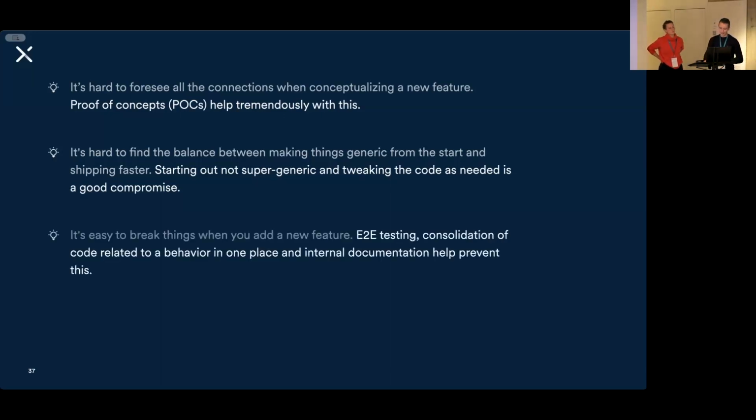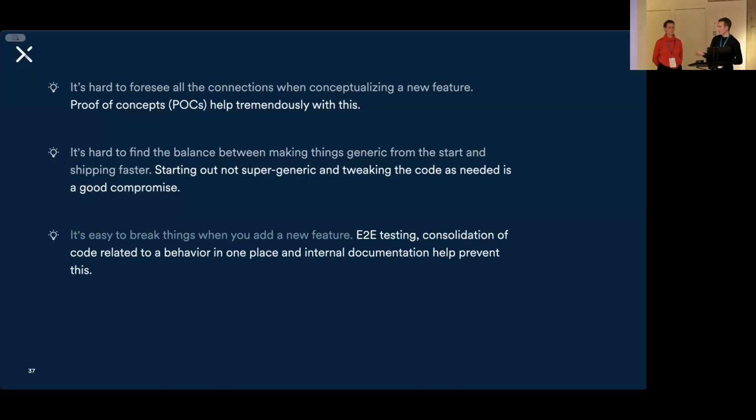And the last learning that I wanted to talk about is that it's easy to break things when you add a new feature. You can only imagine that with this system of interconnected vessels, even a small change in one place could result in unexpected consequences in other places of the application. So we learned that it's very important to put emphasis on testing, in particular E2E testing, screenshot testing, also a lot of manual testing.